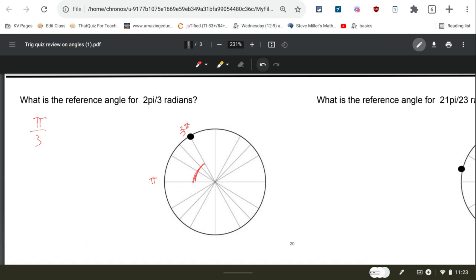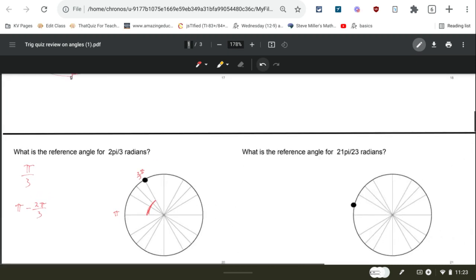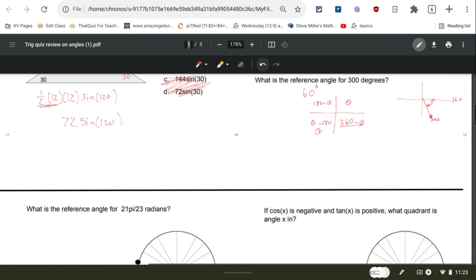What you do is you do pi minus 2 pi over 3. It's that same rule, but we're in radians, so we use pi instead of 180.